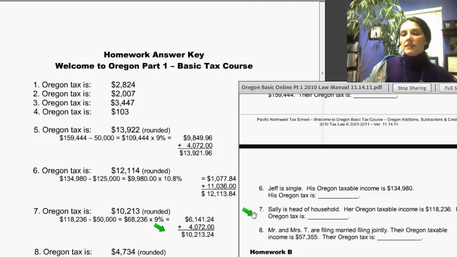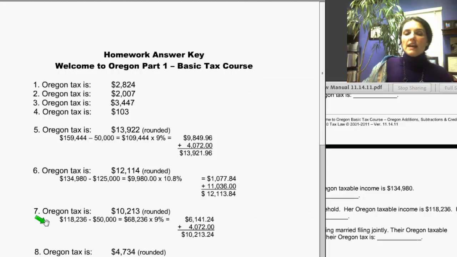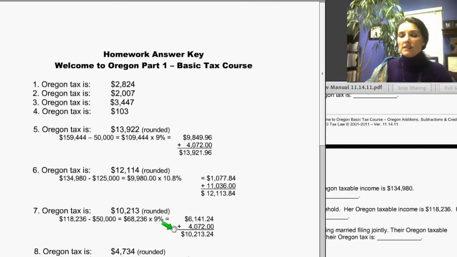Next, we have Sally, who is head of household. Her Oregon taxable income is $118,236, and we will use the joint tax rate chart. Now, the tax rate chart picks up where the tables leave off, and according to the tables, the amount of tax owed on the first $50,000 of income is $4,072, and the amount of income that Sally has over $50,000 is $68,236.